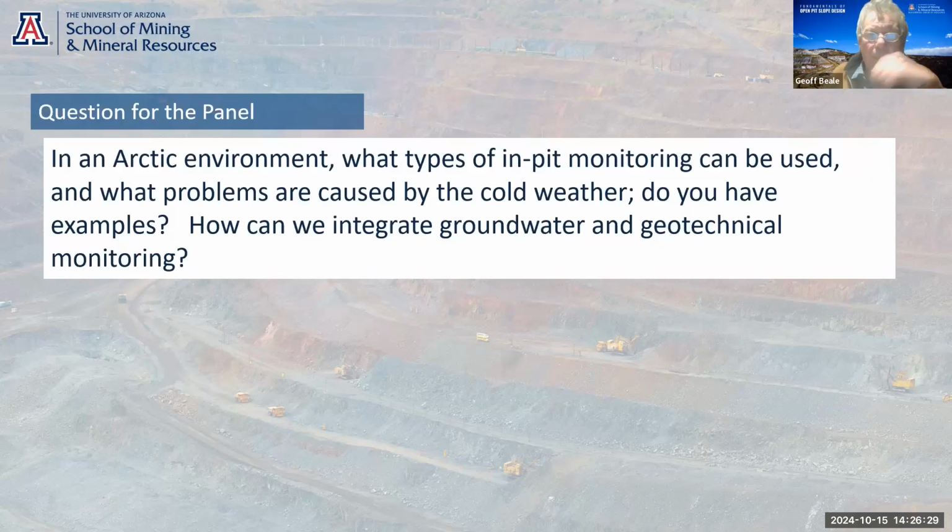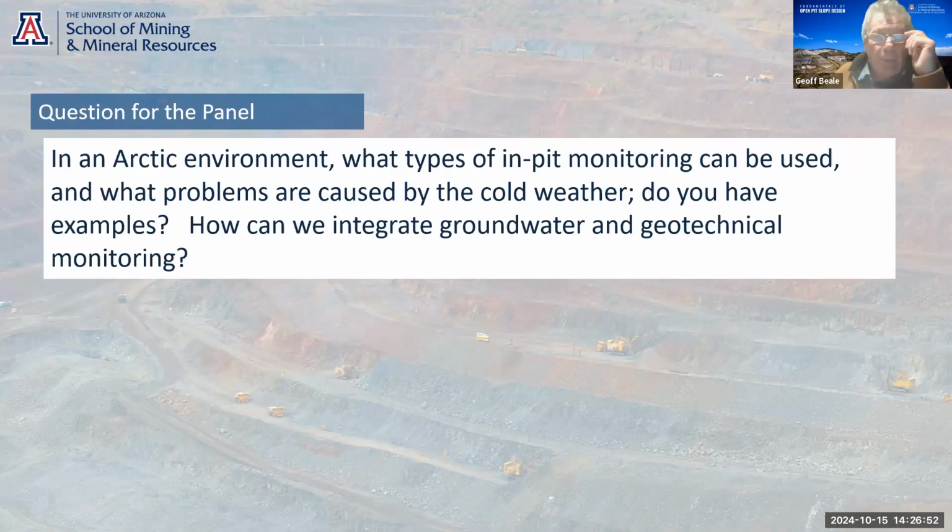And again, they can be put in with TDRs, with shape arrays, with inclinometers in the same hole. The inclinometer may be an issue if the casing gets full of water and freezes, but if you go with a shape array or a TDR, then that gets rid of the problem.